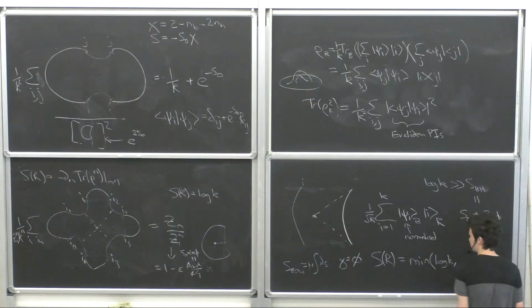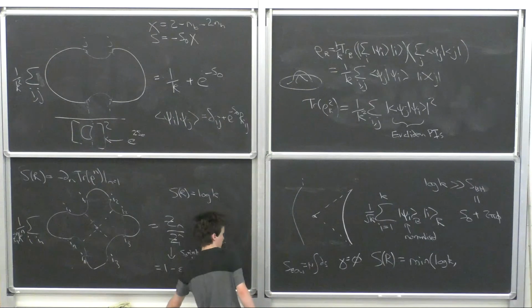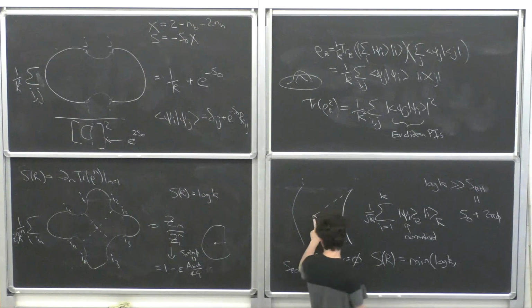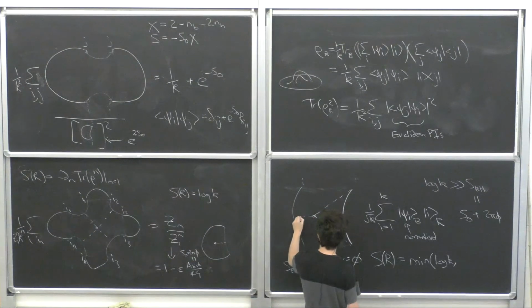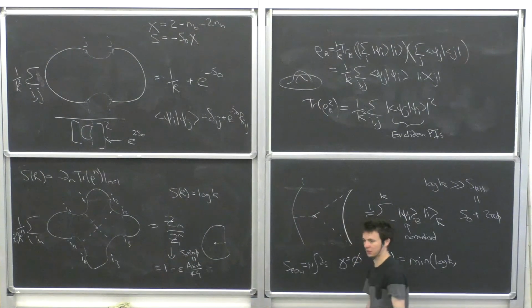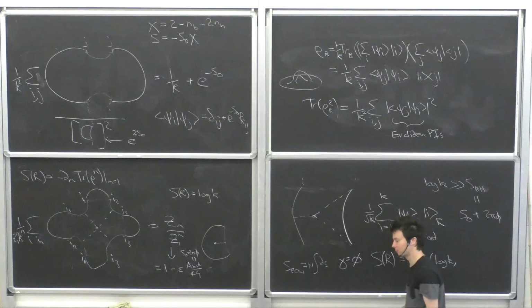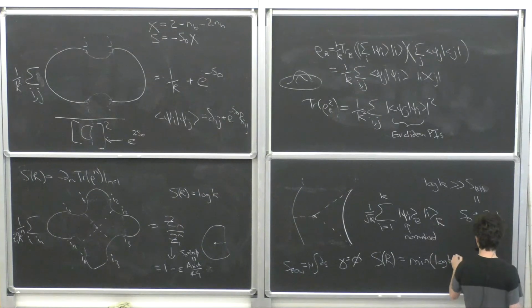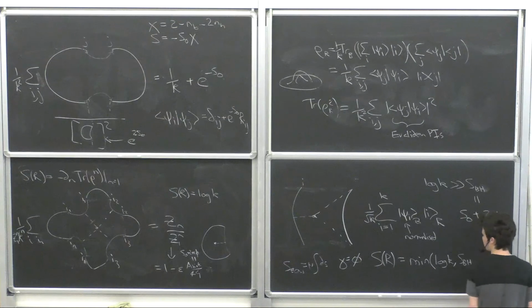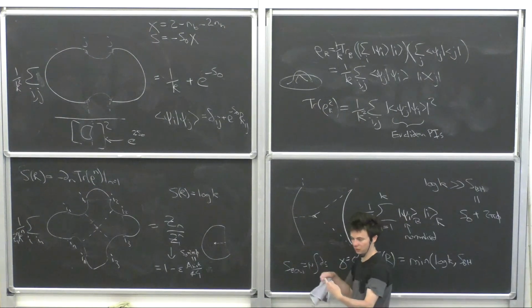log K. The other option is that the surface is the bifurcation surface of the black hole, okay? And then we have a branch cut that extends from the bifurcation surface to the end of the world brane, okay? So in that case, the area is just the Bekenstein-Hawking entropy. Then we also have to include the entanglement entropy of everything that went through the branch cut.